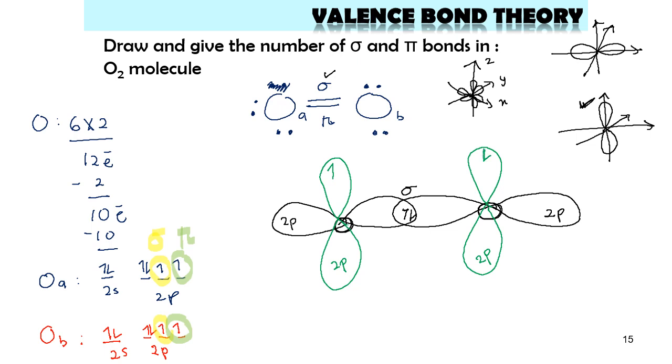Okay, so how do we show the overlapping? So you draw the bridge. Okay, it will overlap side by side. Still remember? So pi bond overlapping is side by side. Okay, means it will overlap at the top side and the bottom side.